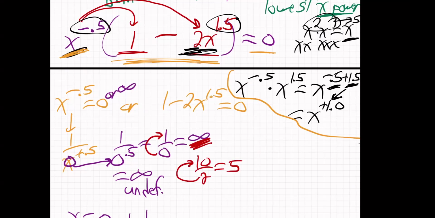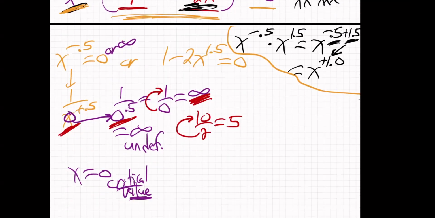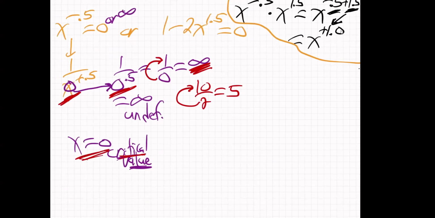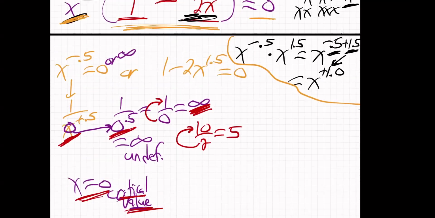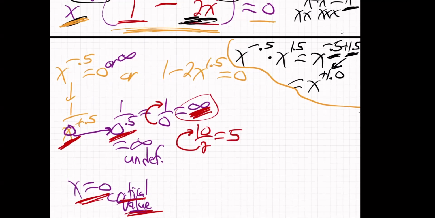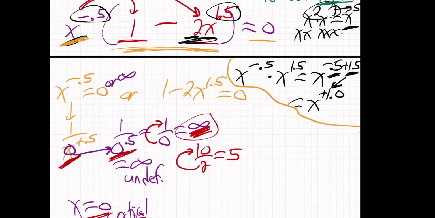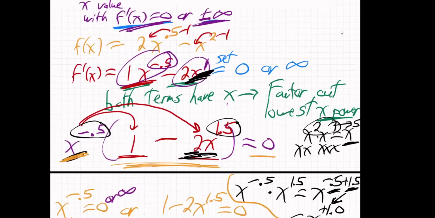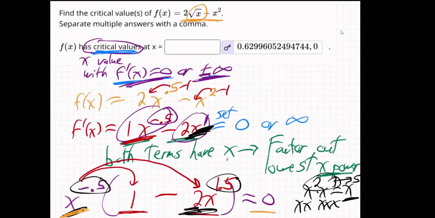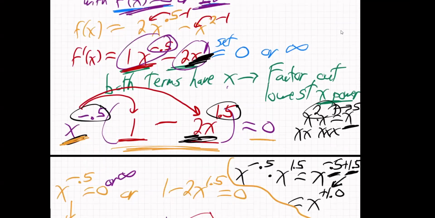So when you let x be 0, x equals 0 is a critical value because it makes the derivative infinity. And if you make the derivative 0 or positive infinity or negative infinity, either one, you're a critical value. So I've got one critical value.